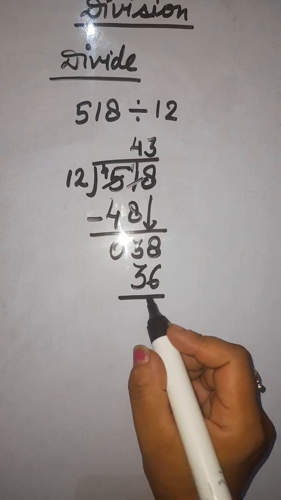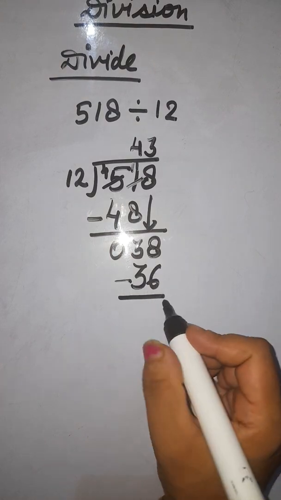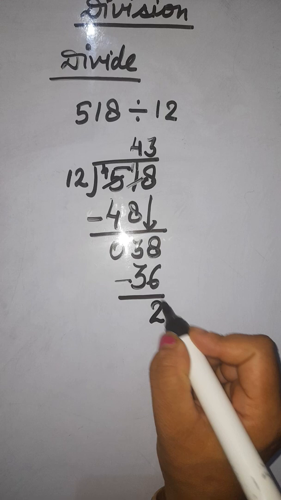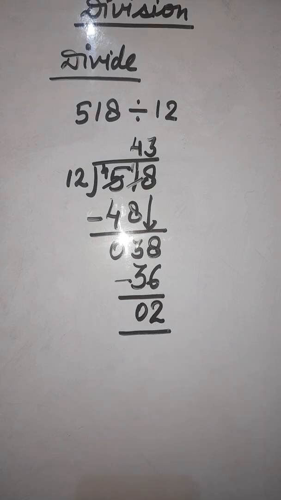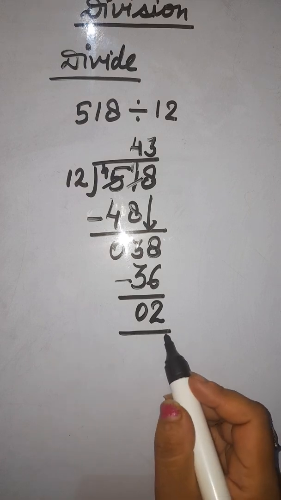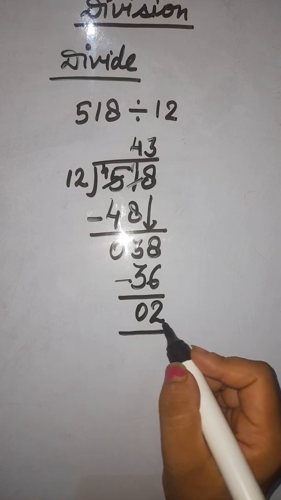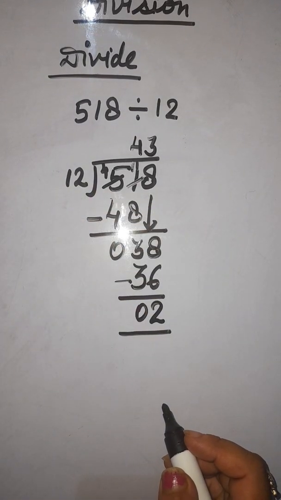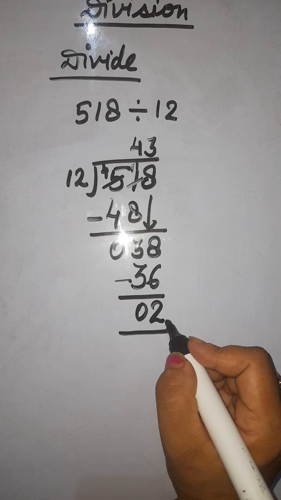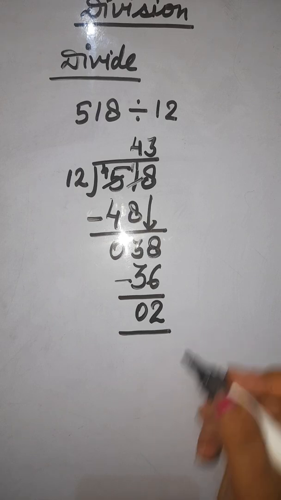Now again we'll subtract it. 8 minus 6, 2. 3 minus 3, 0. Now we'll stop the division because 2 is smaller than 12, so we can't divide it and it will remain here. It is the remainder.